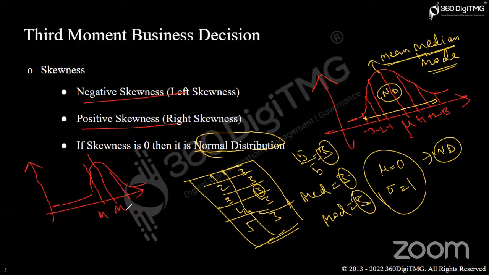So mean, median, and mode. Now here, which is greater? The mean is lesser than the median. The median is lesser than the mode. So if you have this, then we'll say that it is negative skewness.